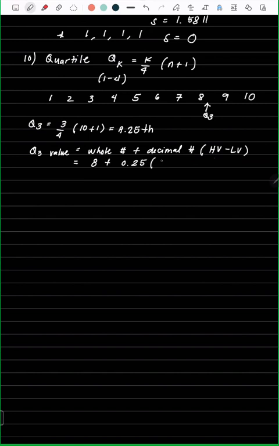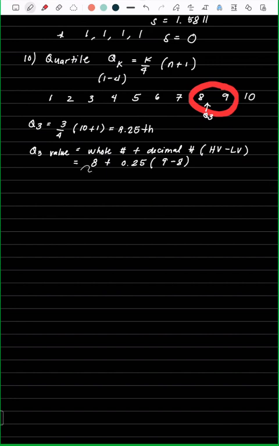So following this, I'm going to erase this first. Following the 8.25 value, the whole number would be 8, plus the decimal number 0.25. The highest value is 9, sorry, 9, and the lowest value is 8.